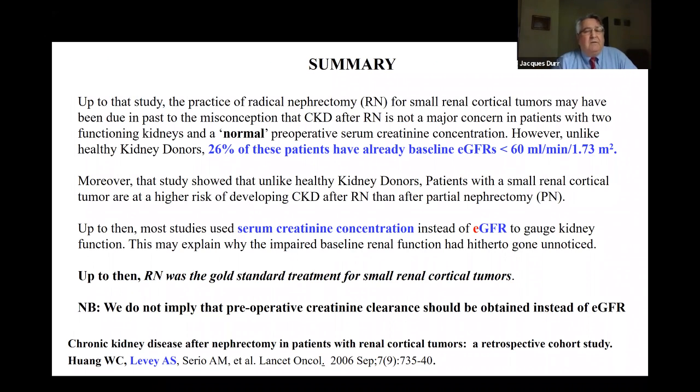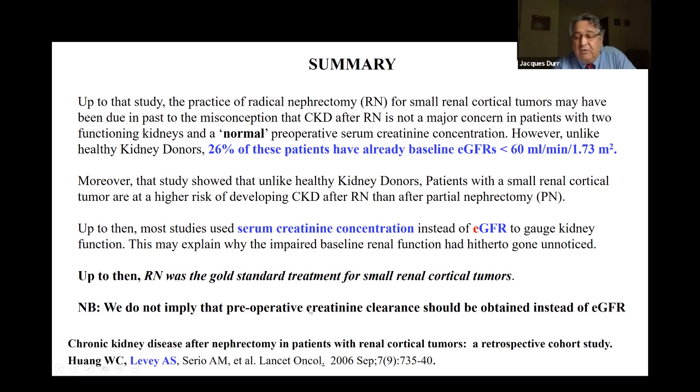So this landmark study has made physicians aware that you should do, if possible, partial nephrectomy, because the outcome in terms of renal failure is much better. I don't want to advocate that we do real 24-hour creatinine clearance, because that itself has a problem.